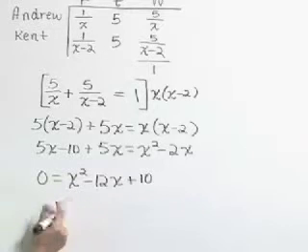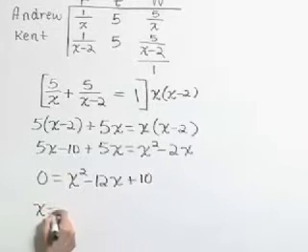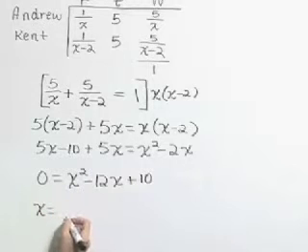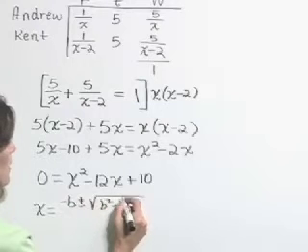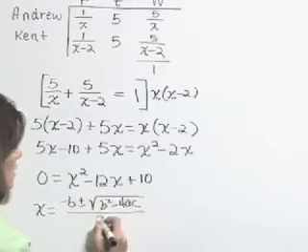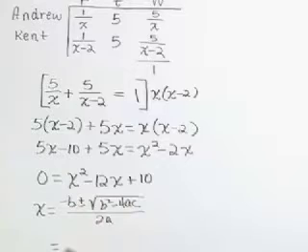Now, let's use our quadratic formula. So x is equal to negative b plus or minus the square root of b squared minus 4ac all over 2a. Let's substitute values.